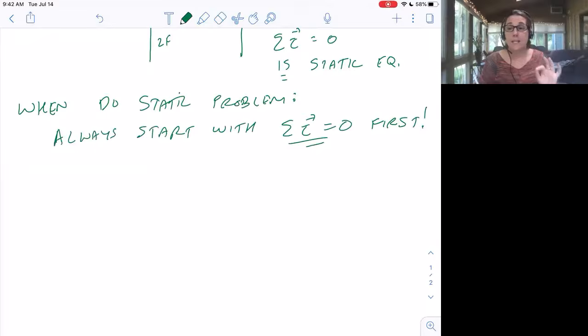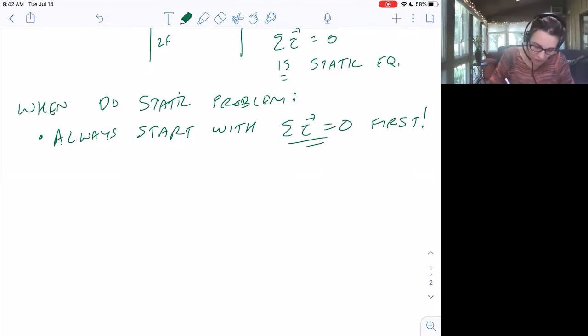The reason is that forces are forces. If a force is acting on an object, then you have to include it. But for torques, because some of those forces could act where you choose your pivot, you can ignore them. So you're going to have fewer unknowns in your torque equation if you start with torque. So always start with the sum of torques equals zero first.